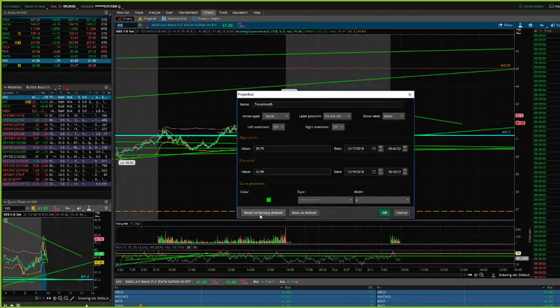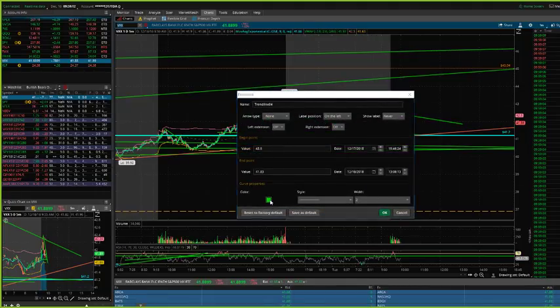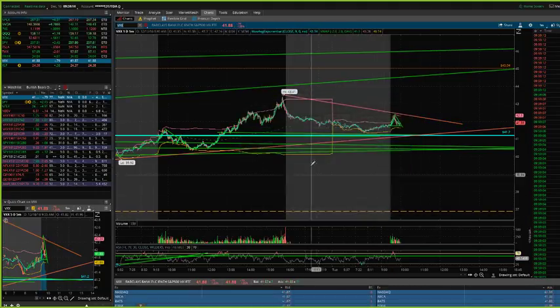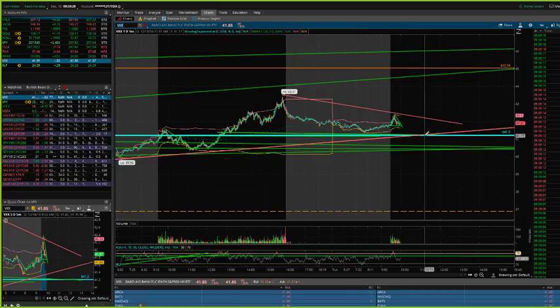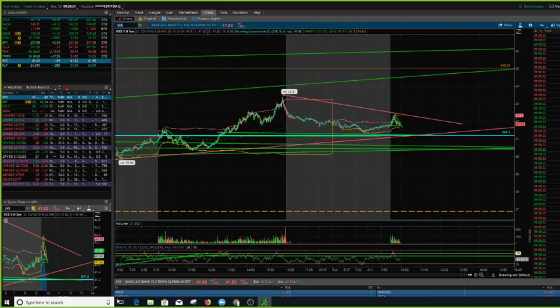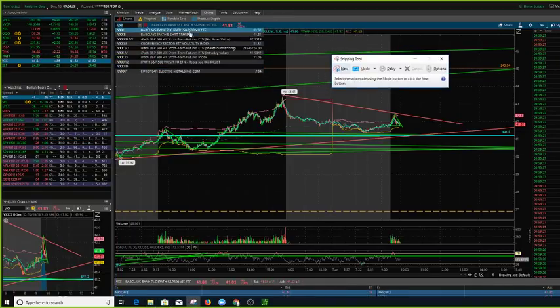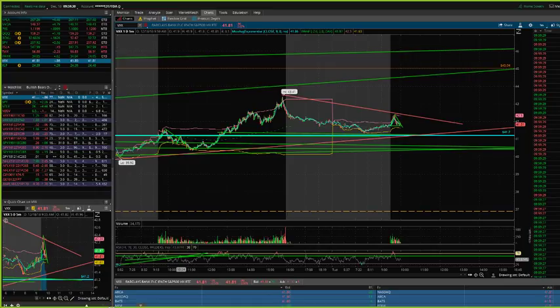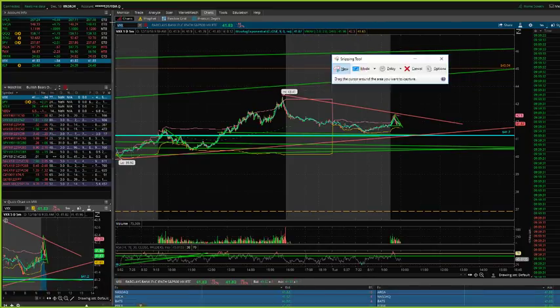Let me highlight, I'd like to do this for you guys so you can really see the different patterns I'm trying to show you. But you have this big, almost symmetrical triangle. This angle's a little bit different than this one, but what makes it really hard to trade options to the long side is that unless you're getting the absolute perfect entry.